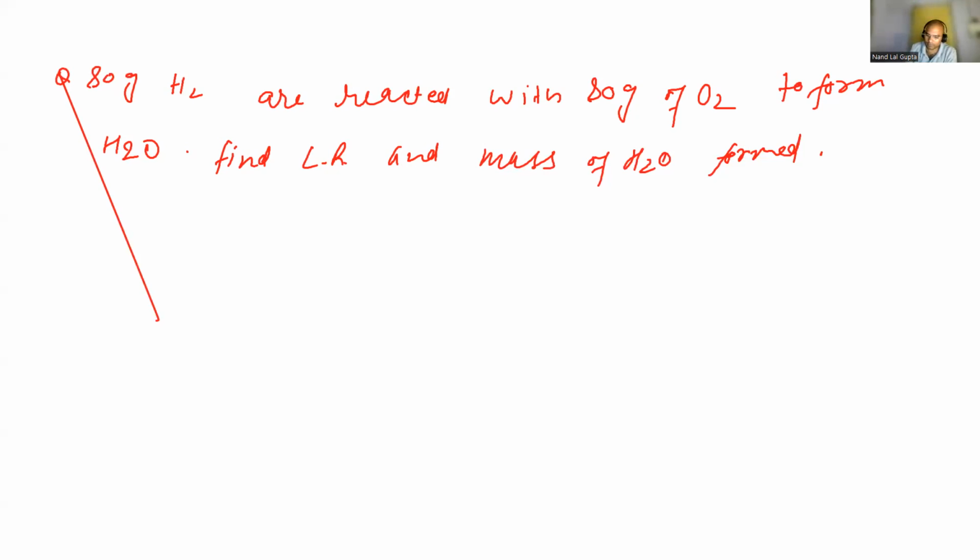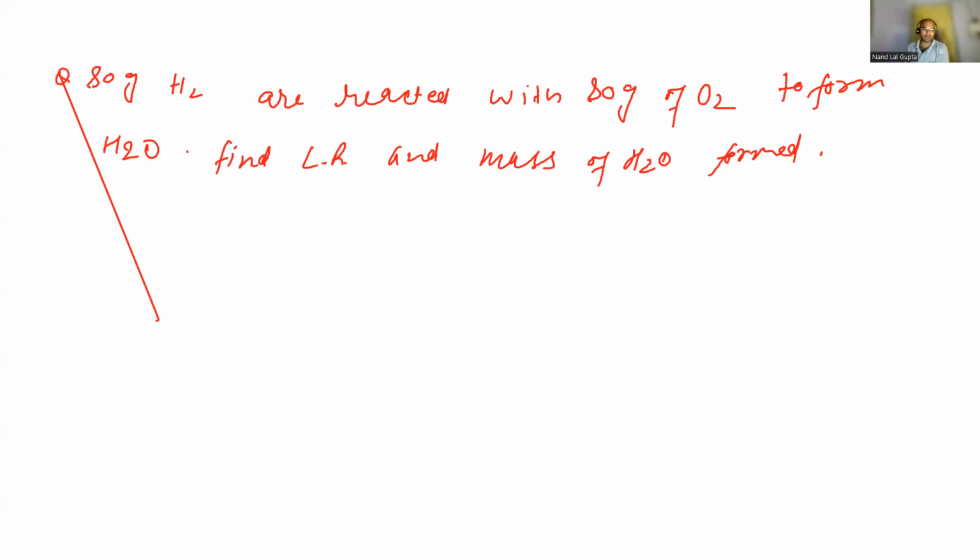It is the mole, not the gram. Now you need to find out the moles, because it said mass of H2O formed. 2.5 moles.